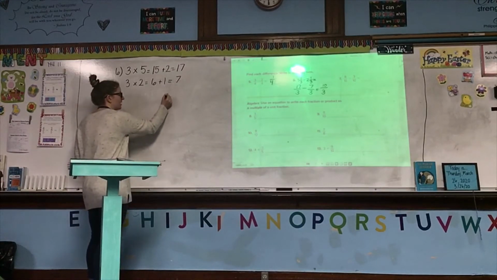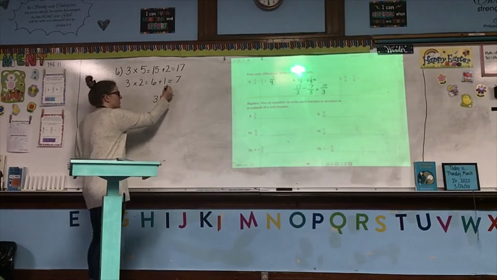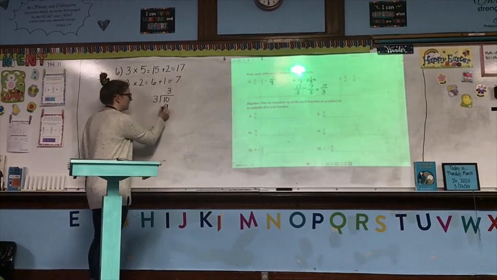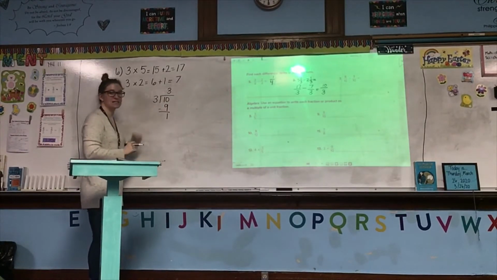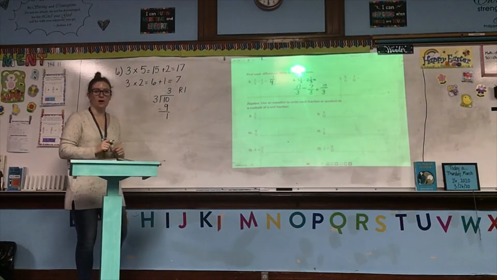We're going to divide our numerator by our denominator. 3 goes into 10 3 times. 3 times 3 is 9. 10 minus 9 is 1. 1 is less than our divisor, so that means our answer is 3 remainder 1.